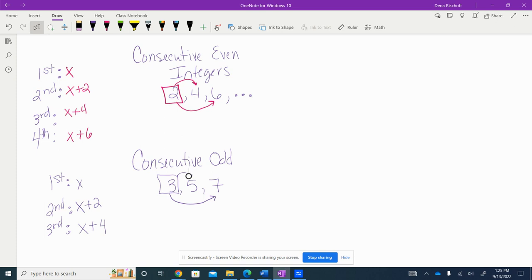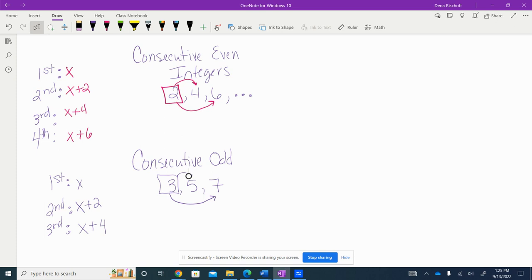Even though one says even and the other says odd, they're represented the same way. That's tough, and I get that. But as long as you understand that and you have filled out notes, you can use that on a quiz. Even and odd integers look very different in terms of numbers, but we represent them the same way with variables.